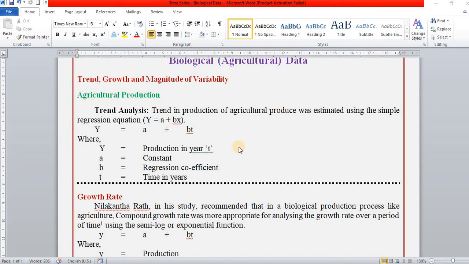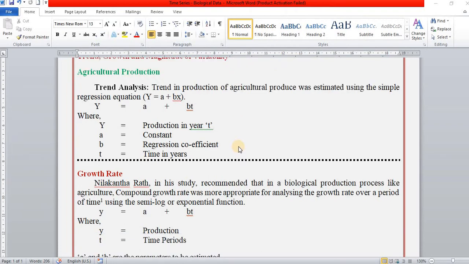For trend, already we discussed, we have to use simple regression. Usually we use simple regression, that is y equal to a plus bx. But in trend analysis in time series, we use a plus bt instead of x.